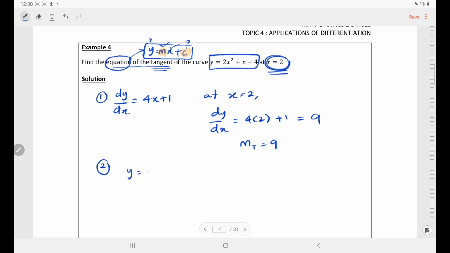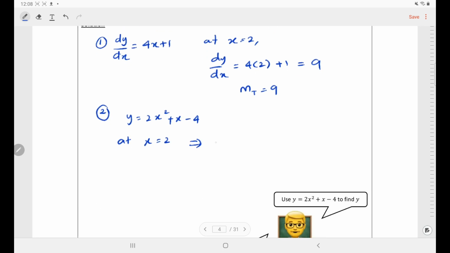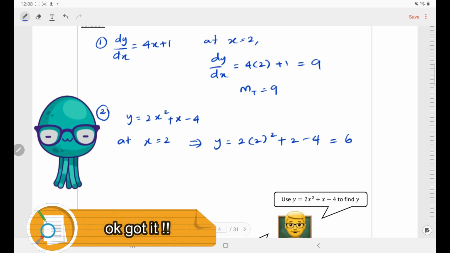From the original equation. Okay, from the curve equation, kita akan gantikan x equal to 2. Okay, so that kita dapat y sama dengan, gantikan 2. Like that. And then we'll get y equal to 6.